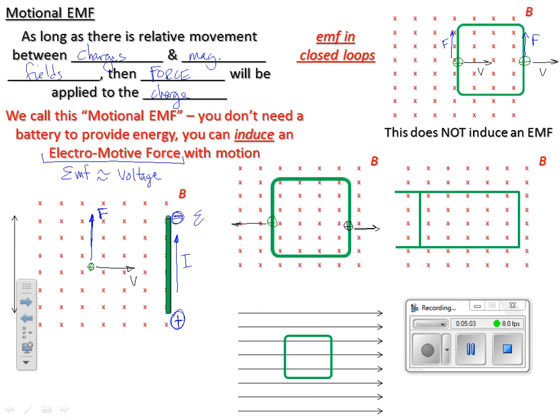We know that the charge that moves to the right gets pushed upward. The charge that moves left, we put our right thumb to the left, our fingers into the page. This one's pushed like that. This one actually does induce a current that looks like that.